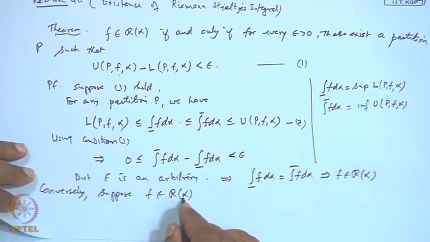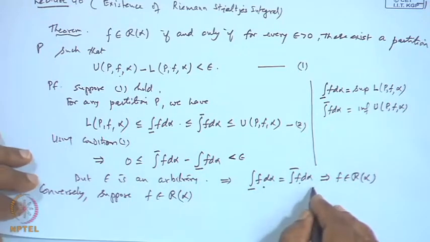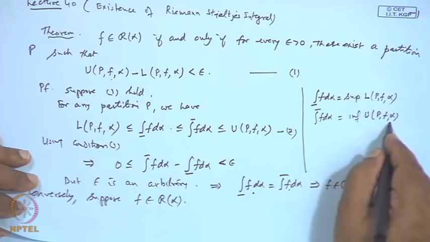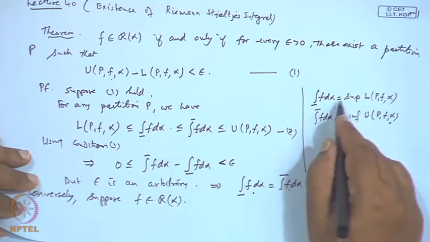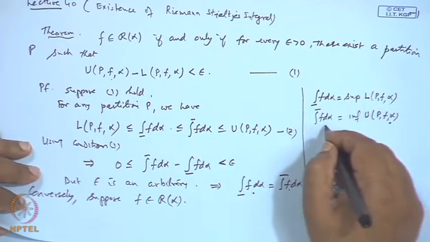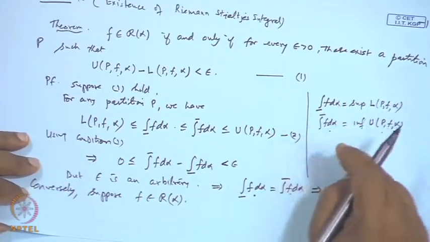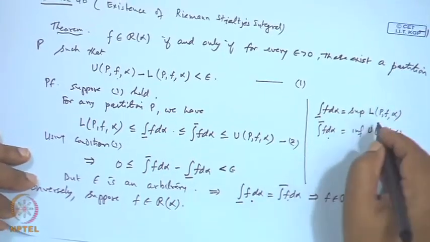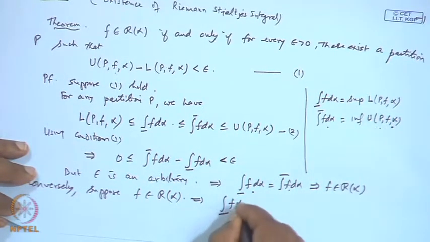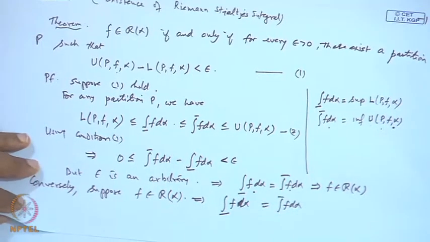Now, once f belongs to R alpha, it means the upper integral and lower integral coincide and are equal. The upper integral is the infimum value of the upper sums and the lower integral is the supremum value of the lower sums. So, suppose f belongs to R alpha, meaning that the lower integral and the upper integral both coincide, first thing, they are equal.